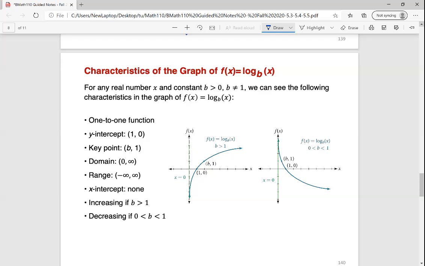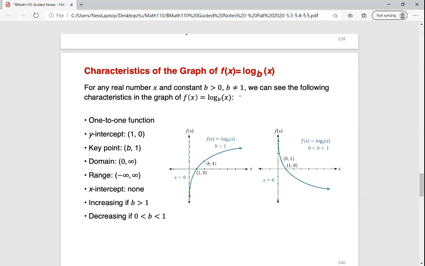In order to do the characteristics, for any real number x and constant b, with b greater than 0 and b not equal to 1, we can see the following characteristics in the graph of f(x) equal to log base b of x. So firstly, it has to be a one-to-one function.